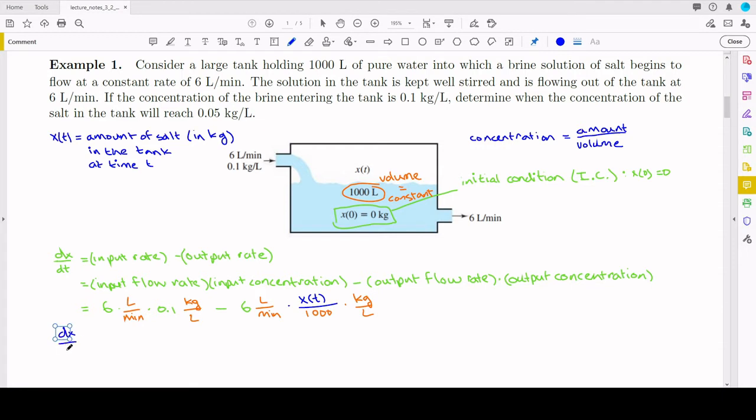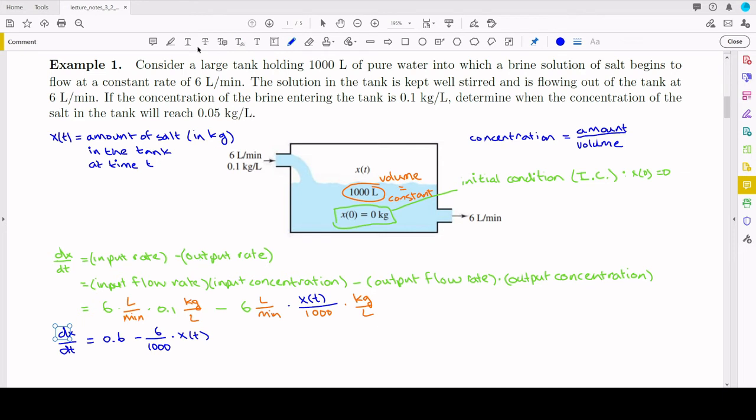It's dx/dt equals 0.6 minus 6 times 6 over 1,000 times x of t.